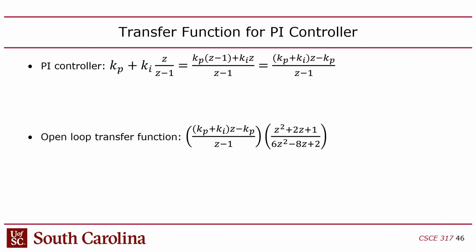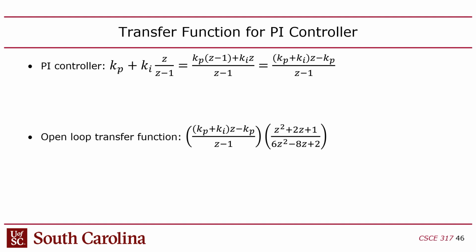Now, in this case, the way I converted to the Z domain is instead of doing the Tustin transform, I basically just said, look, I know the P. The integral is just z over z minus 1, right? So I just literally went directly from the differential equation into the Z domain using the way that you do derivatives and integrals in the Z domain. And I applied that, and so I got the transfer function for that.